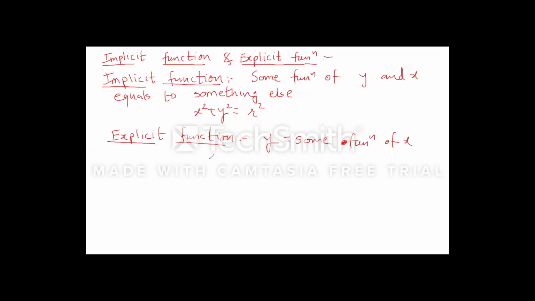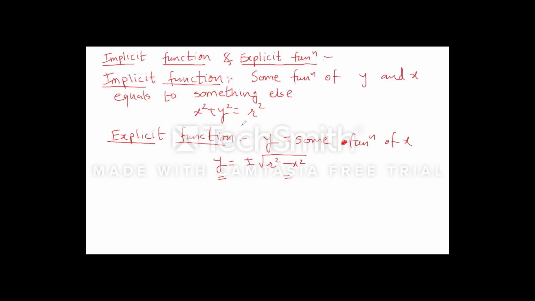For example, we can say that y equals plus minus under root of r square minus x square. You can see here y is some function of x, that is called an explicit function. But in case of an implicit function, it is a function in x and y equal to something else. So this is an implicit function.